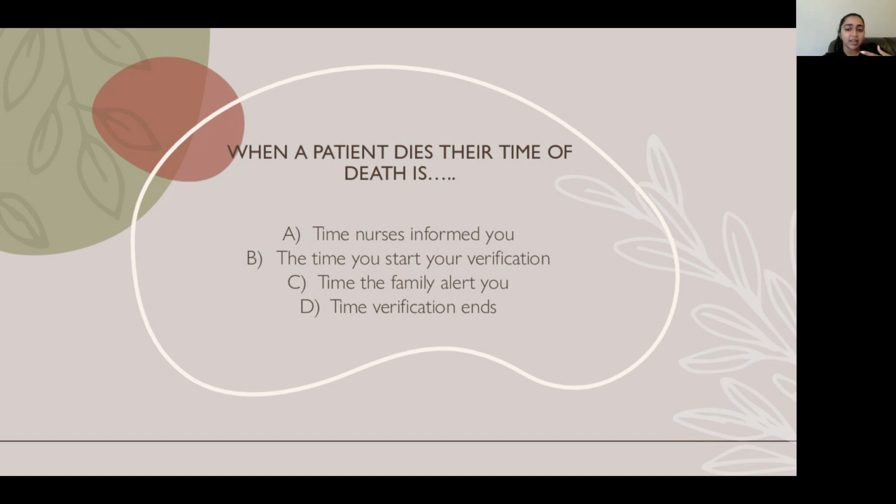So if you don't go by the end of the day, then obviously it would be an entirely different day on the death certificate. And sometimes it's not possible, and sometimes you get so busy that this is lower on your list. But I think it's really important to think about with patients that could die overnight and getting called about verification.